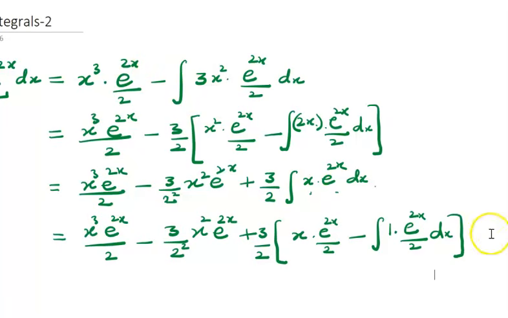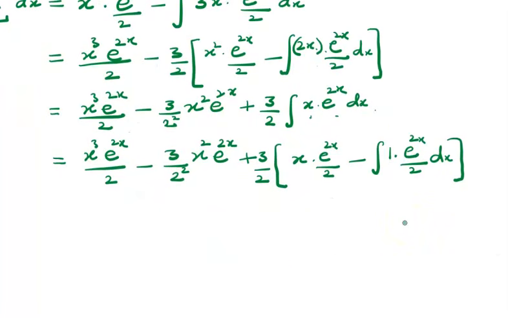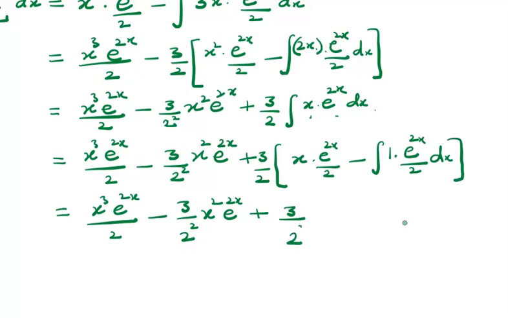Right? One more integral we have to solve, and it is just e power 2x. So that becomes x cube e power 2x upon 2 minus 3 by 2 square x square e power 2x plus 3 by 2 square, right, x into e power 2x.